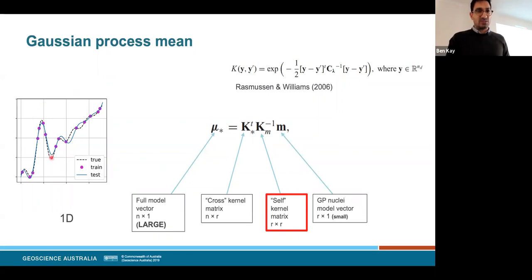So here's your 1D function, and this blue line I constructed using this equation. The blue line is what I'm going to call mu star, and it's the large model vector. It's the one that's across 100-dimensional grid cells. And then you use these kernel matrices. There's a cross kernel, between all of the 100-dimensional grid points on this axis and the 15 points across this.